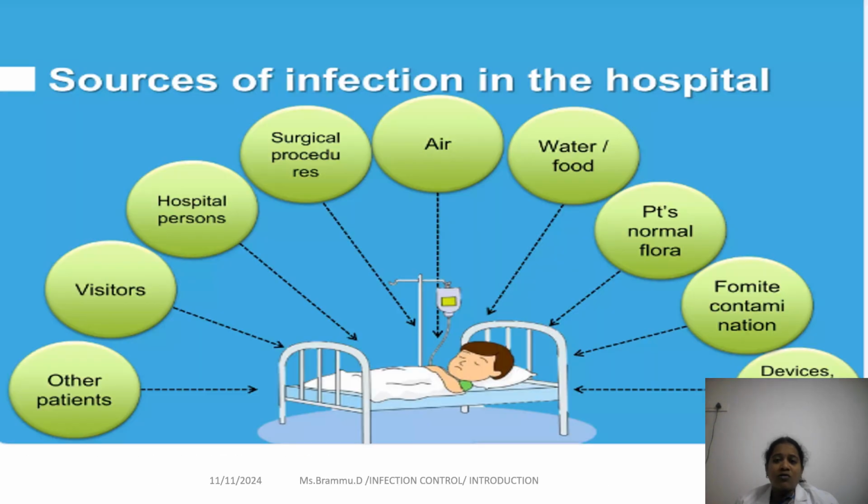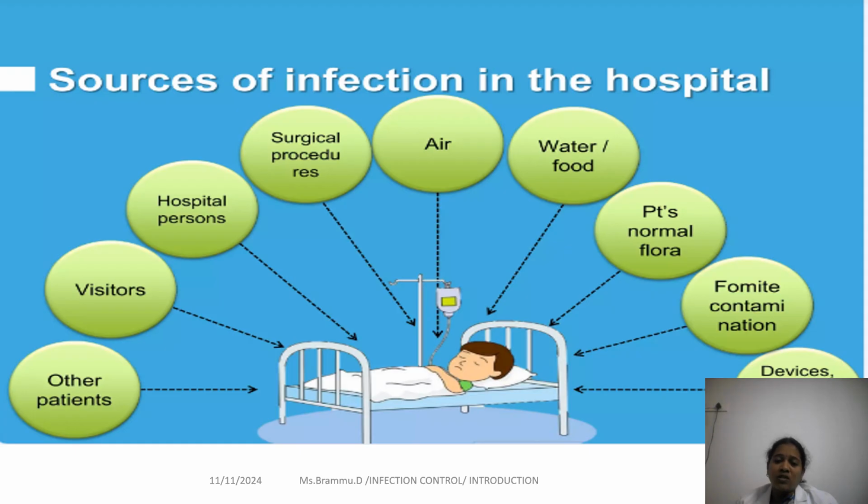Now coming to the sources of infection in the hospital. Where is the infection generated? It is generated from the patient himself as well: from the atmospheric air he respires, the food and water he takes in, and the patient's normal flora, that is the skin and other internal organs which have their own growth of organisms. Also the patient's use of fomites or devices used from one patient to another, or recently performed surgical procedures.